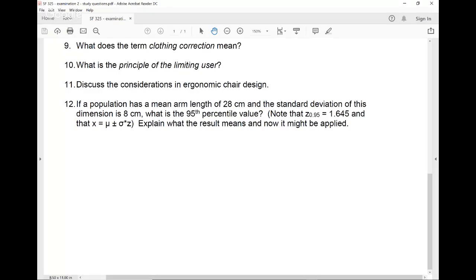What do you want for an ergonomic chair? What would be defined as an ergonomic chair? Okay, adjustable. What should be adjustable?